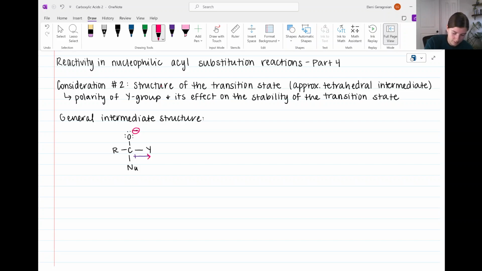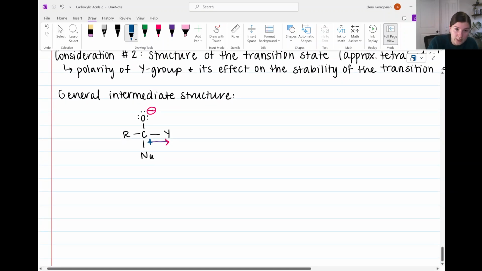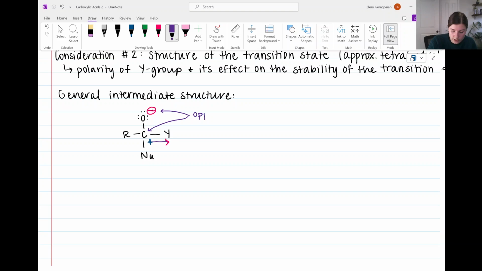Now, the oxygen being electronegative induces a partial positive charge on the carbon. The Y group, if that's also electronegative, can also induce a partial positive charge on that central carbon. And so we represent that with this perpendicular line in the dipole arrow. So having this negative charge on the oxygen and partial positive on the carbon, these are opposing charges.